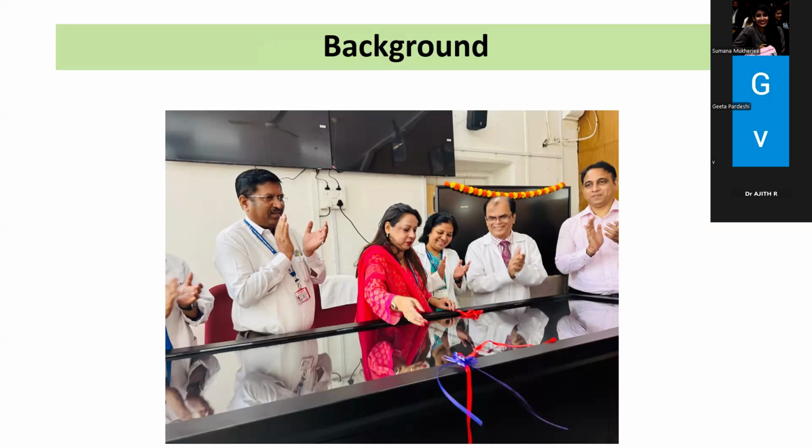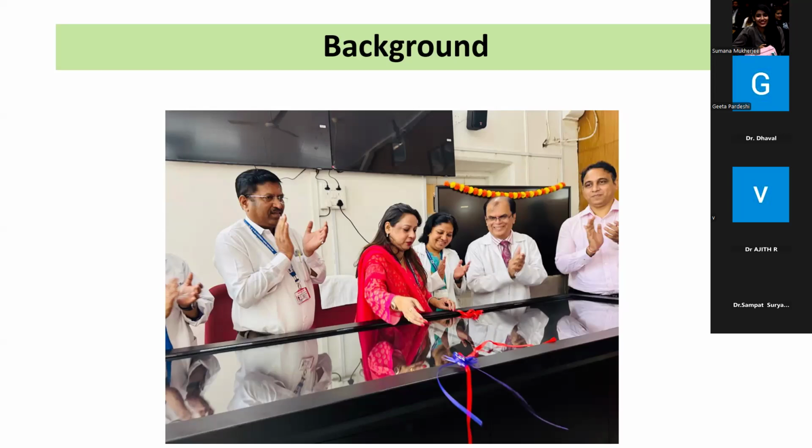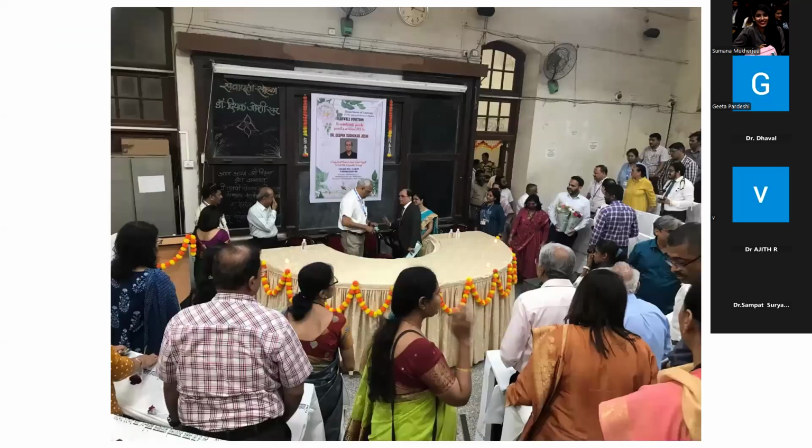Now, this photograph which I am showing you is actually the inauguration of the virtual dissection table in the anatomy department of Grand Government Medical College. And after this inauguration, after some days, the head of the anatomy department, Dr. Deepak Joshi, superannuated.